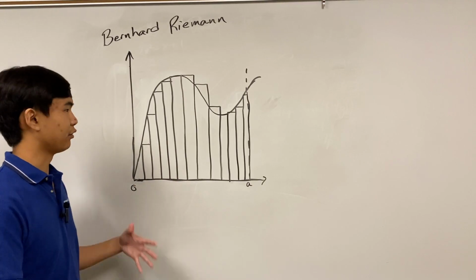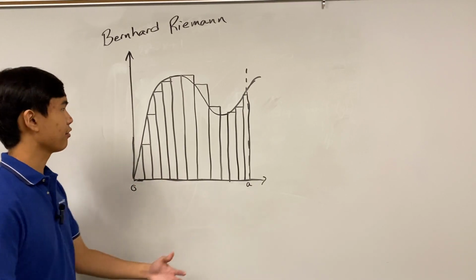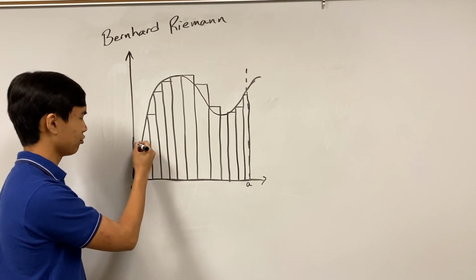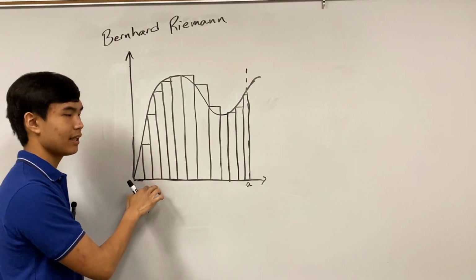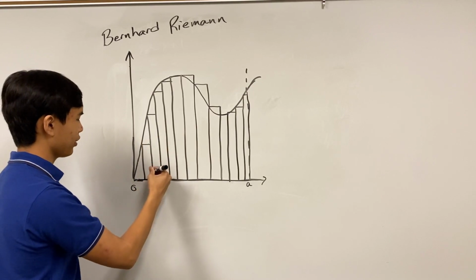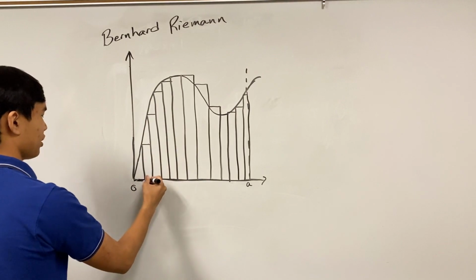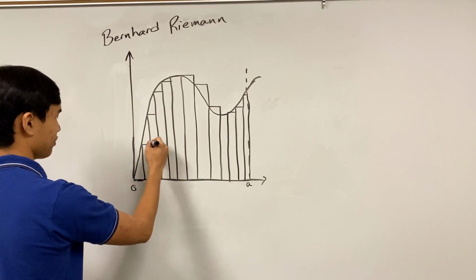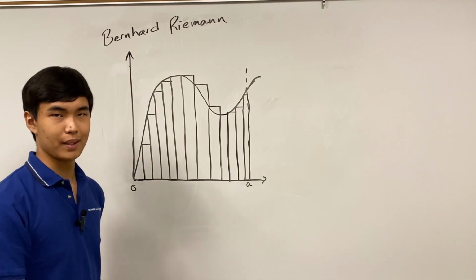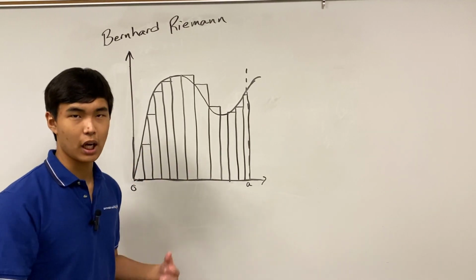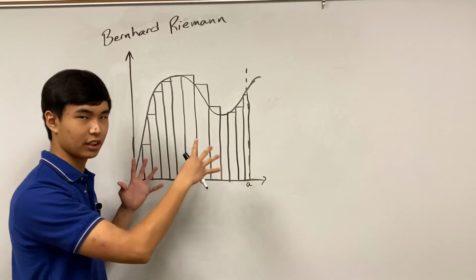And now look how I've drawn the rectangles under the same graph. But this time I've gone from the axis to the curve and then gone right the separation distance and then met it with another vertical line from the next rectangle. So starting from the axis, going up and going to the right is called a right Riemann sum. And so these left and right Riemann sums are commonly used to approximate areas under curves.